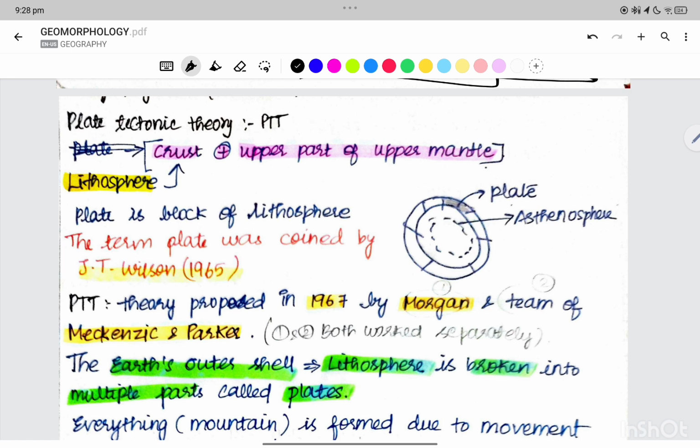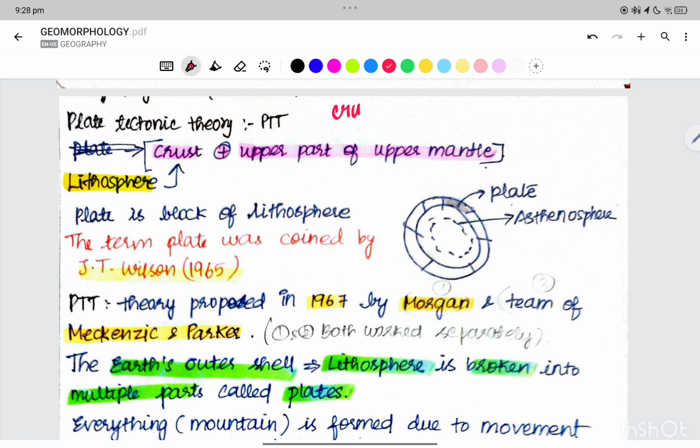Now, there is another theory called the plate tectonics theory. For the plate tectonics theory, we are considering the entire lithosphere, and then we have the asthenosphere, right? Now, what is the lithosphere?